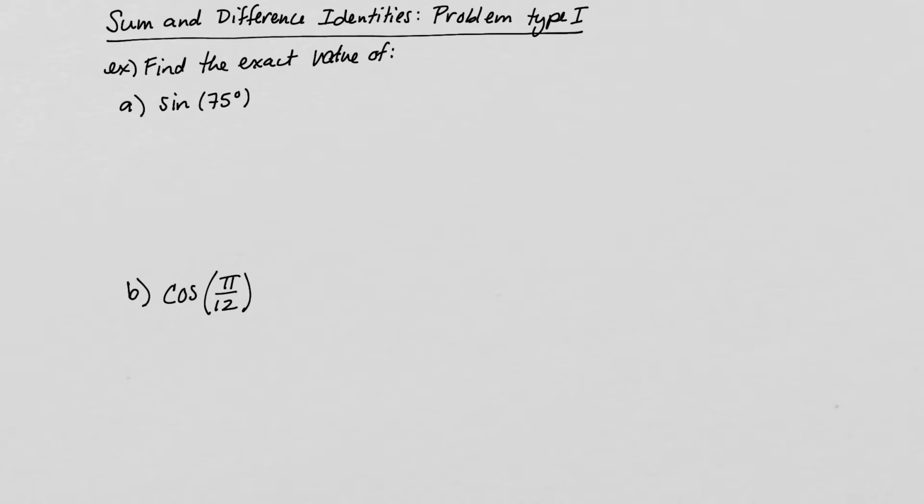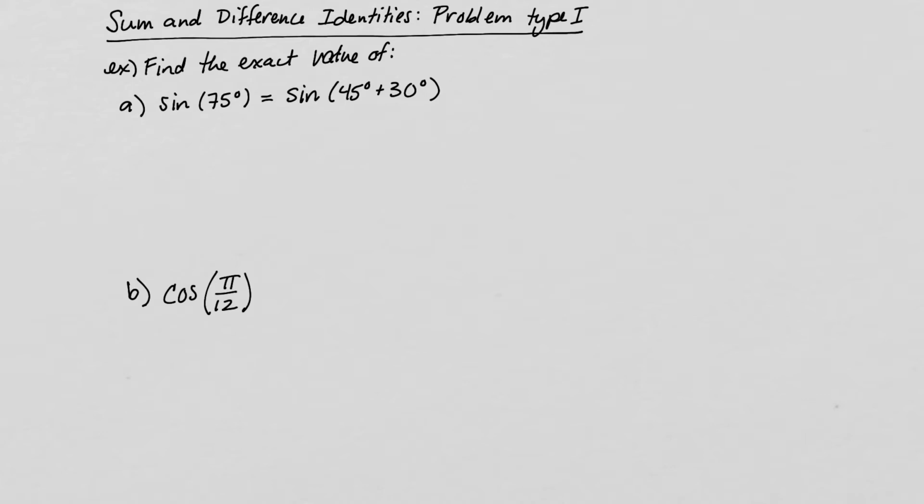75 degrees is not one of the places on the unit circle that we just know, but 75 is in fact equal to 45 degrees plus 30 degrees. And 45 and 30 degrees are two angles we know on the unit circle.